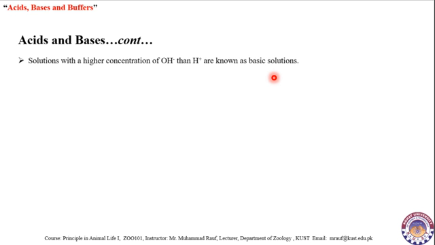So when an acid or a base is added, this concentration does not remain equal and it shifts in either direction depending upon what you have added: either a base, which will increase the concentration of hydroxyl ions, or an acid, which will increase the concentration of hydrogen ions, directly or indirectly. A solution in which the hydrogen and hydroxyl concentrations are equal is said to be neutral, with a pH of 7.